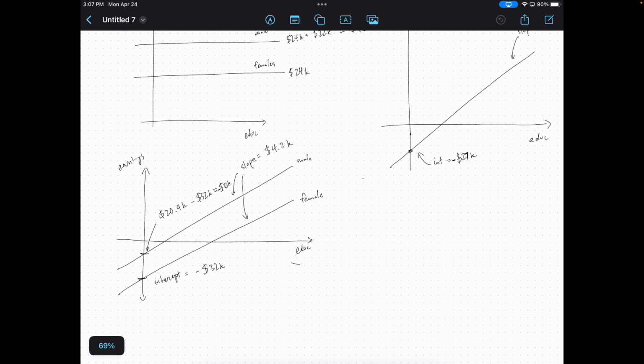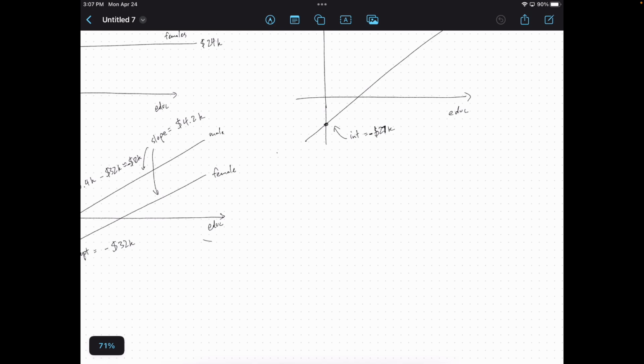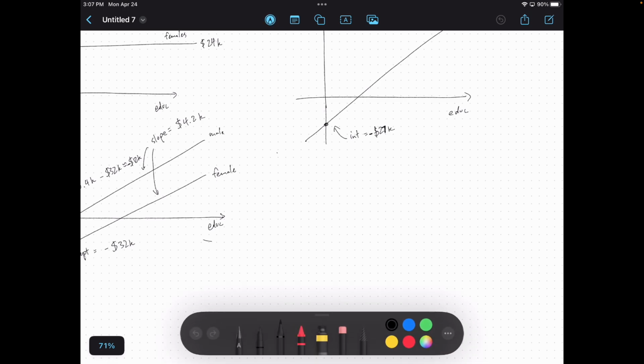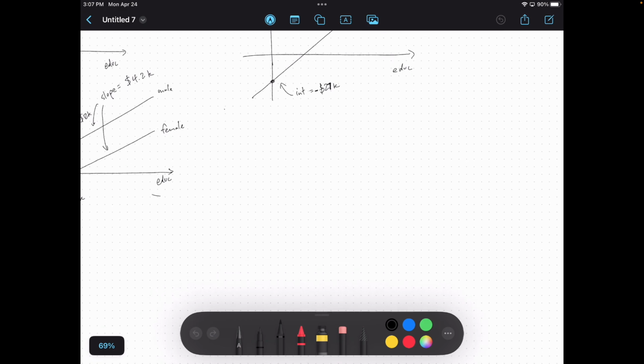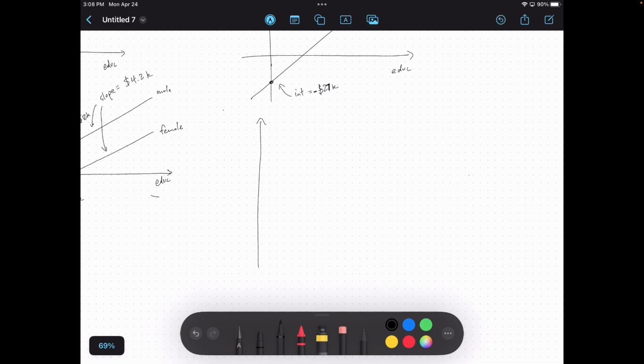So now I can complete the set of figures here. I have education, and I have earnings, and now I have 2 lines. I'll have something like this for female.